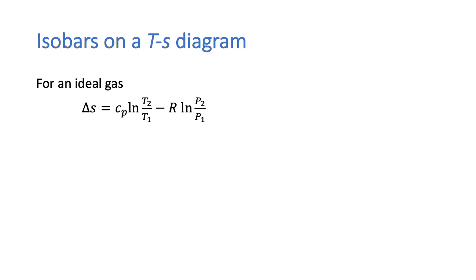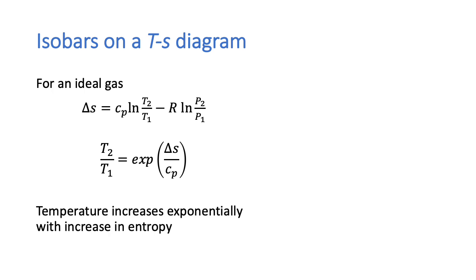If pressure is constant, as it is along an isobar, P2 is equal to P1, and the second term, ln of P2 upon P1, goes to 0. We can therefore rearrange that equation to say that T2 upon T1 is equal to the exponent of delta S upon Cp. The temperature therefore increases exponentially as the entropy increases.